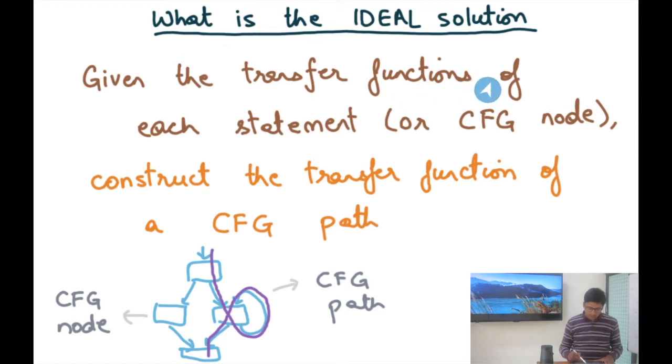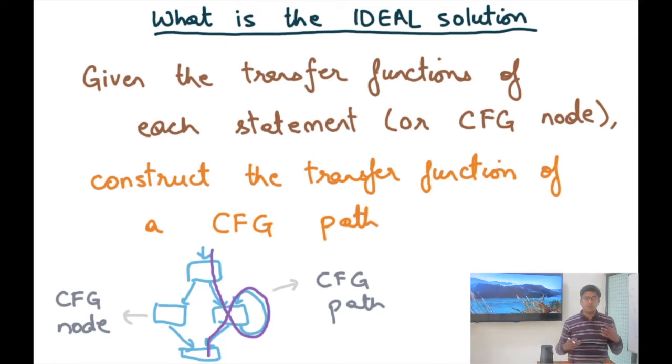Given the transfer functions of each statement or CFG node, we can construct the transfer function of a CFG path. Let's say this is my CFG, and this purple line here is a CFG path. Notice that the CFG path is allowed to have cycles. For example, I could go twice or 10 times around this loop and then come out, and that would also constitute a valid CFG path.